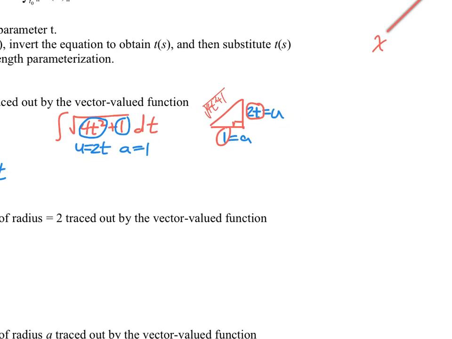What I want to do is define a trig function that's going to allow me to swap out all this nonsense. So the first one is going to be the ratio of u over a. If we're assuming that this is my reference angle, u is the opposite side, a is the adjacent side, so that makes a tangent function.